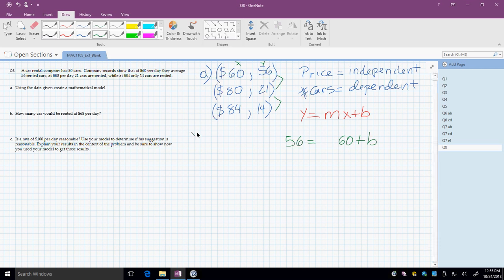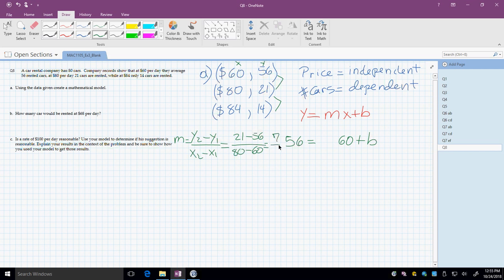You can go ahead and use the formula y2 minus y1 over x2 minus x1: 21 minus 56 over 80 minus 60.